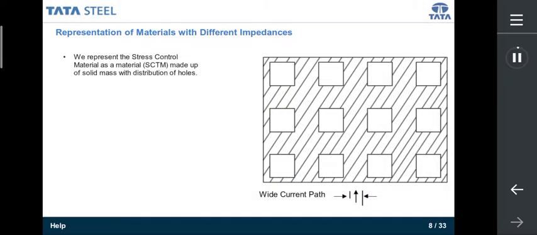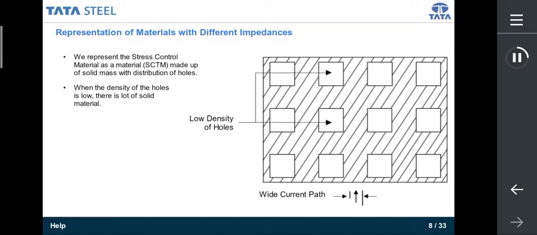We represent the stress control material, SCTM, as a material made up of solid mass with distribution of holes. When the density of the holes is low, there is a lot of solid material. If we imagine that the solid material is conductive, then the higher the solid content, the lower the impedance to the flow of current in the longitudinal direction.